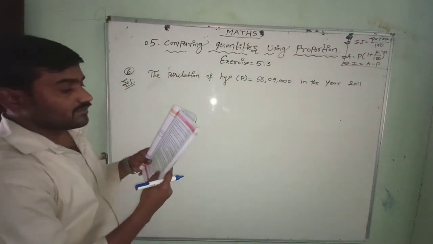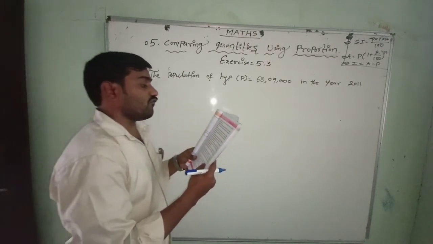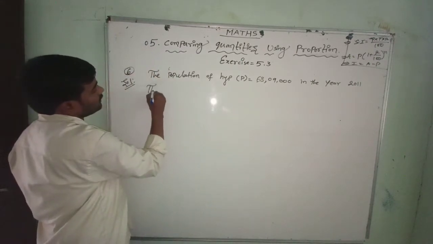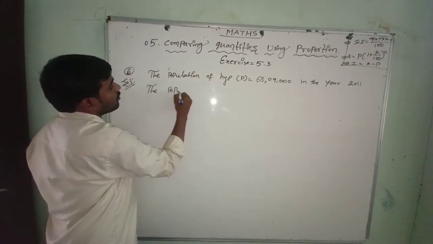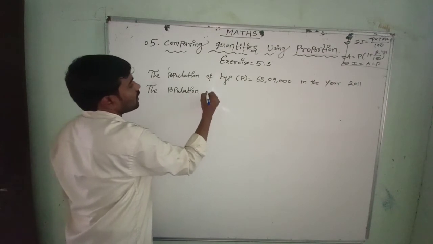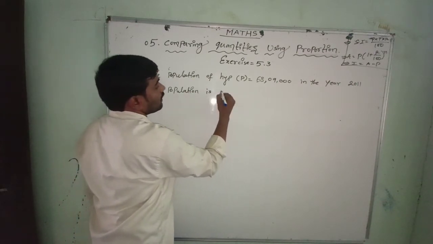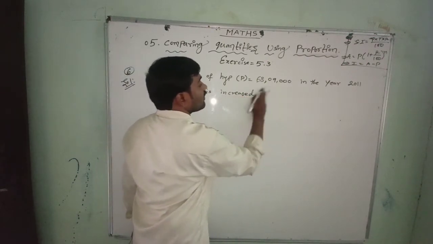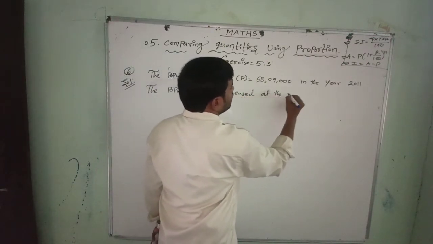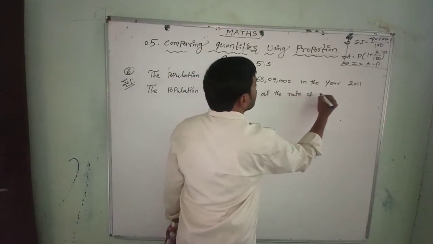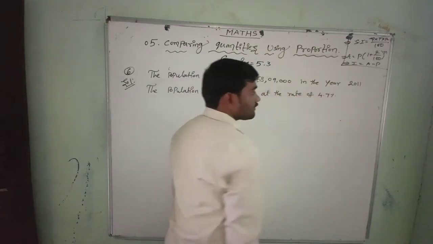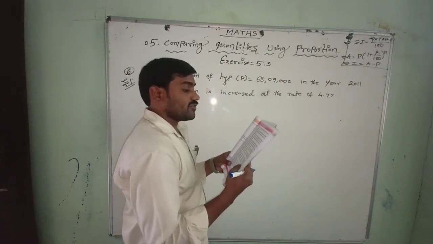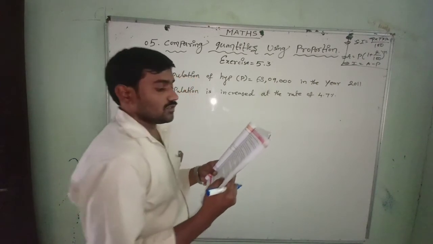See, if the population is increased at the rate of 4.7% per annum, what will be the population after end of 2015?